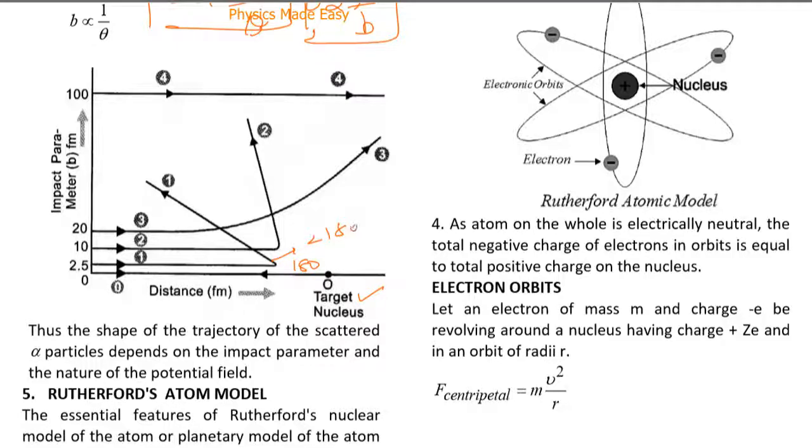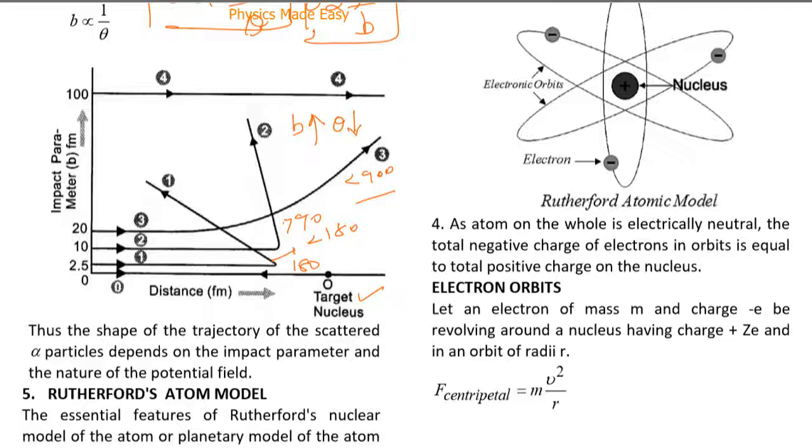In this case, angle is less than 180. Now B is becoming large. In this case, angle is just larger than 90 degrees. As B becomes large, from 0 to 2.5 and then 10 and 20 barn, at 20 barn the scattering angle is less than 90 degrees. So what we are observing is that as impact parameter increases, scattering angle decreases.